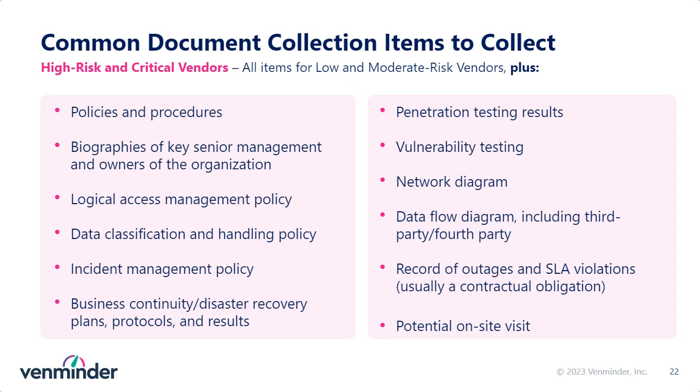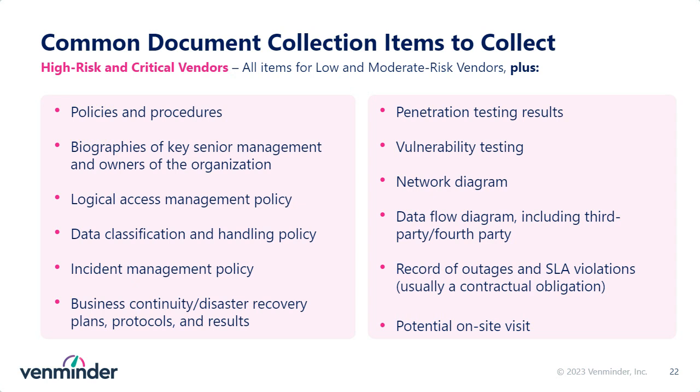Since your high risk and critical vendors have access to data or might be essential for your operations, it's important to collect relevant documents such as business continuity and disaster recovery plans. This would ensure that they can continue servicing your credit union during an unexpected event. An incident management policy would also be important to review so you're aware of how they detect, resolve, and communicate any security events that occur.